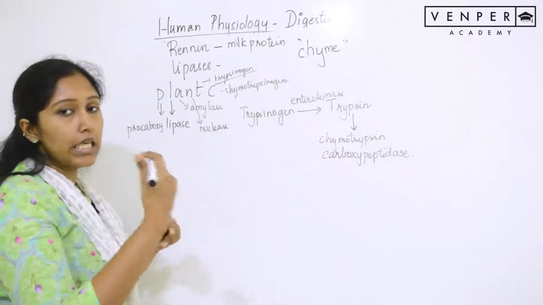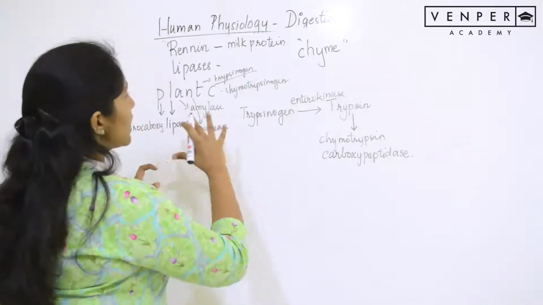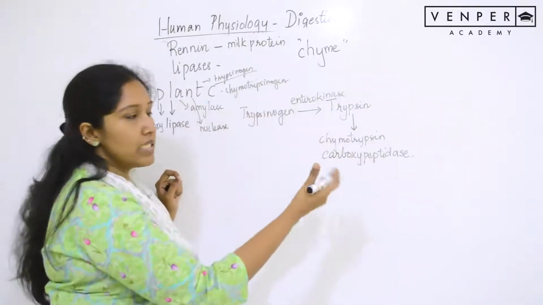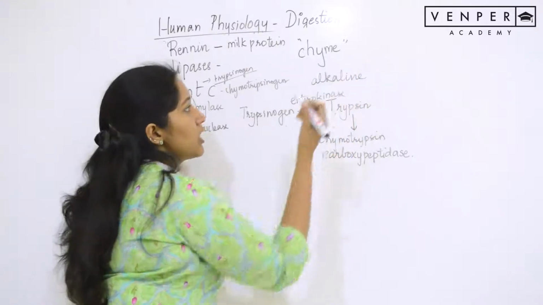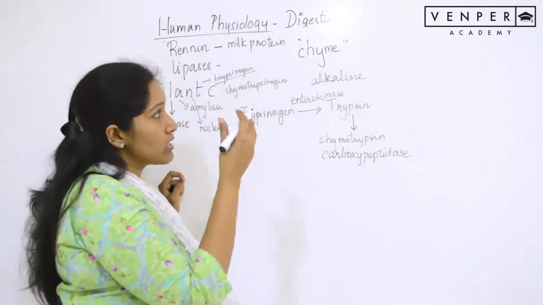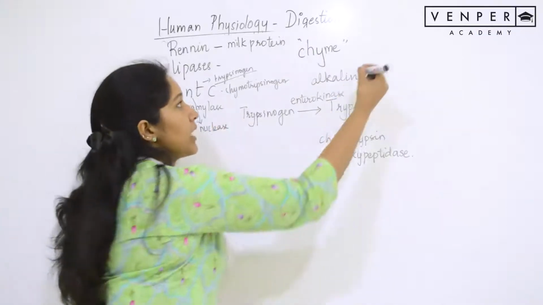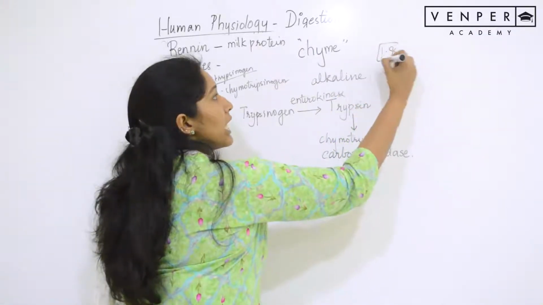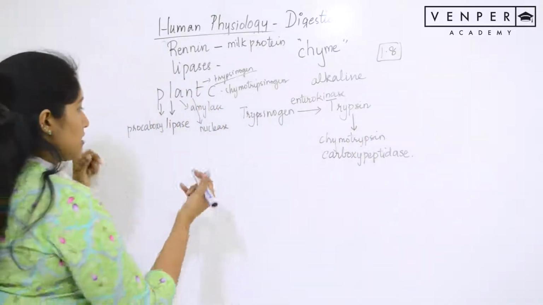Now let us see the actual digestive process that takes place. If you look at the general pH of all these enzymes, they require an alkaline pH. This is completely different from the environment in the stomach, which is basically acidic, with a pH of 1.8. Here you have an alkaline pH for the activation of these enzymes.